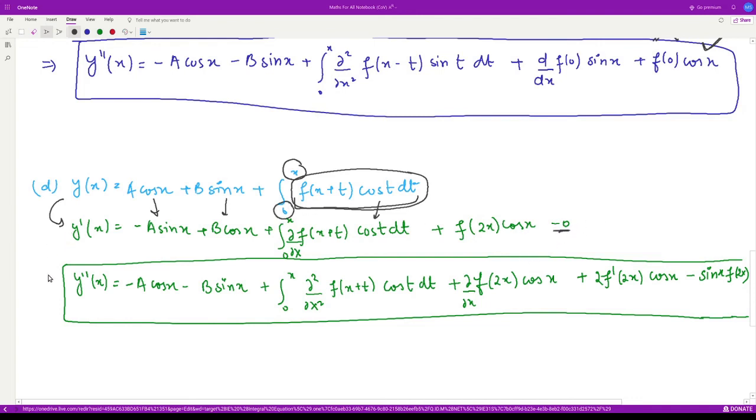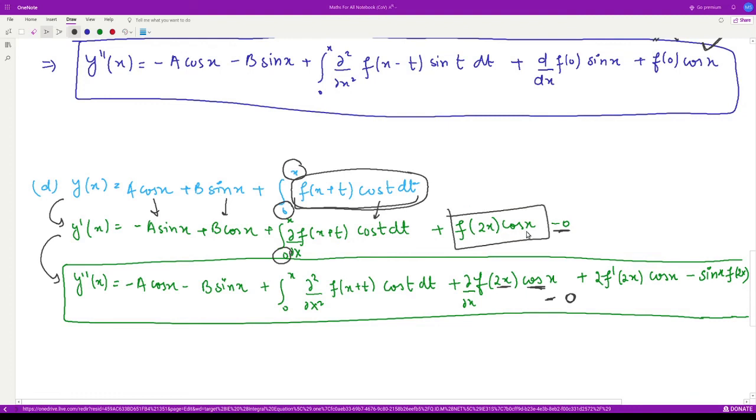So we can again perform the second derivative. It would be y double dash x is equal to minus a cos x minus b sin x, then integration from 0 to x, the second derivative now with respect to this term, and then we'll put the limits. Del f by del x of f of (x plus x), that would be 2x, and cos of x, minus 0, right, because the lower limit is 0, and then we'll perform the differentiation of this term.